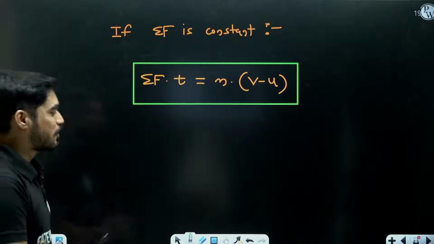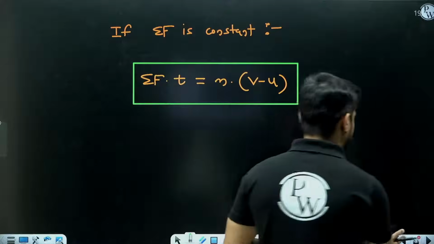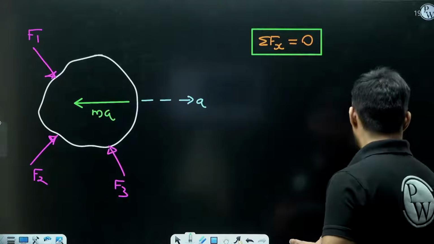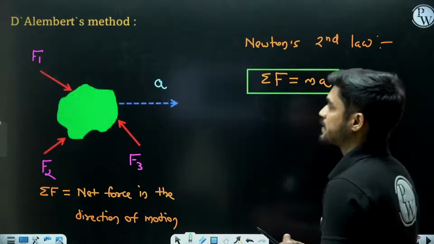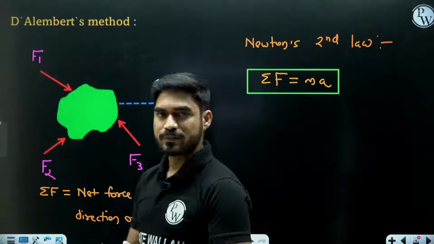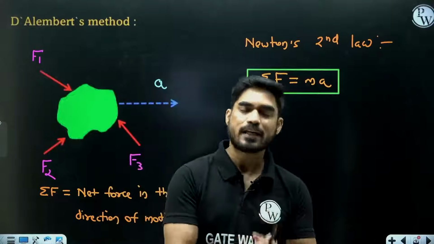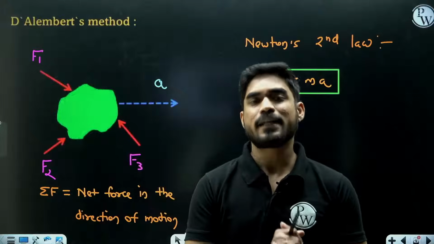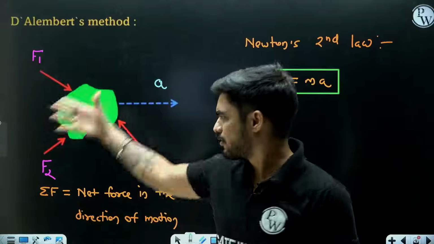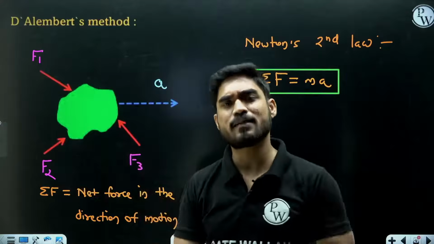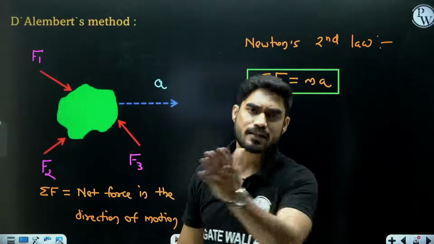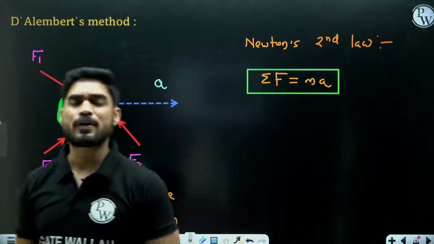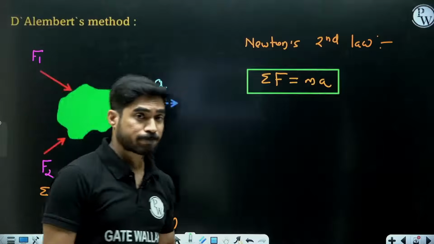Chalo. So beta, we have seen all the three methods. Now the question is, which method are we going to apply in which case? So beta, I told you that you can use any method in any problem, but in some cases Newton's law is better, in some cases work energy is better, in some cases the impulse momentum equation is better.